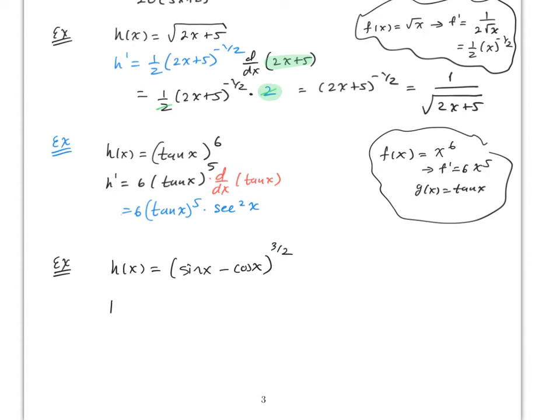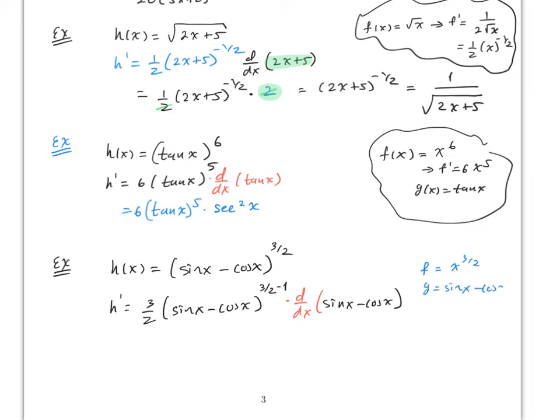So therefore h prime is going to be 3/2 times sine x minus cosine x, and then on the top is going to be 3/2 minus 1, times the derivative with respect to x of sine x minus cosine x. In this case, f is equal to x to the 3/2, and g is the inside.